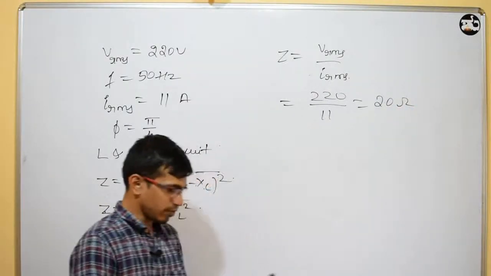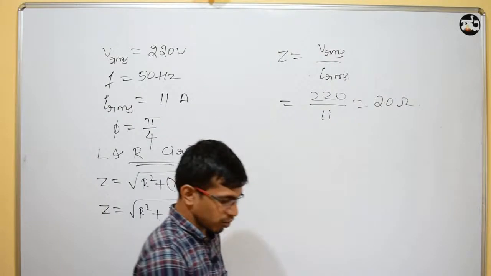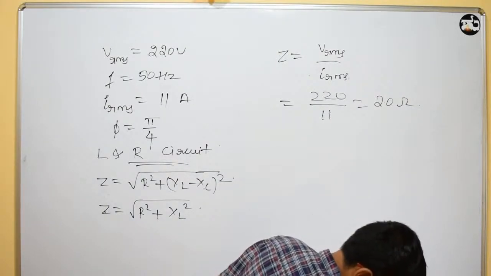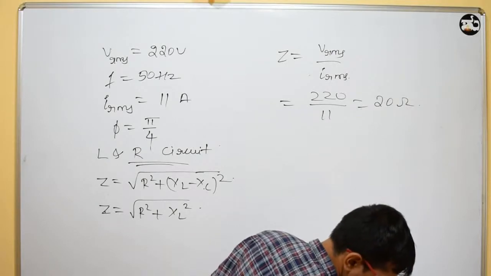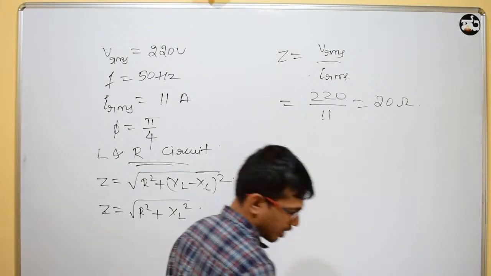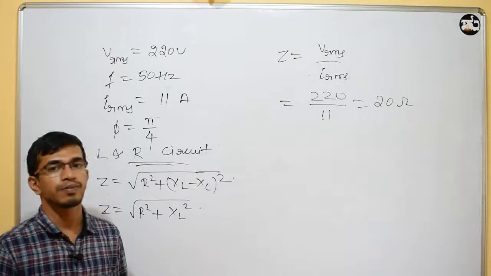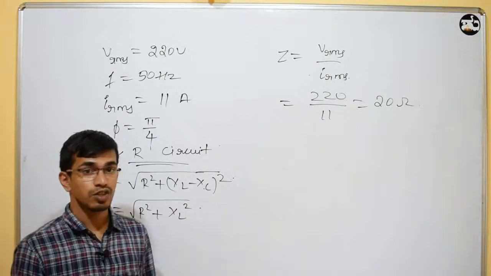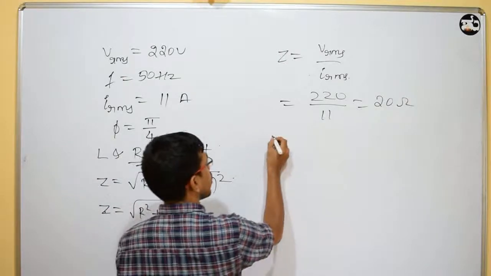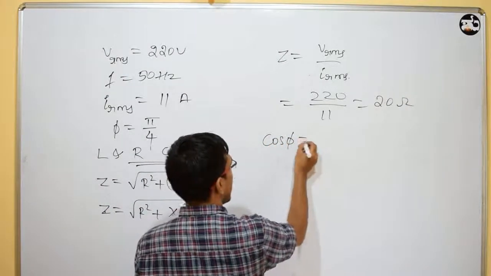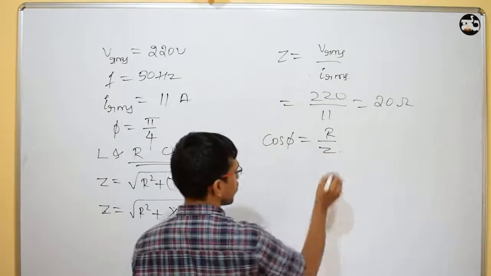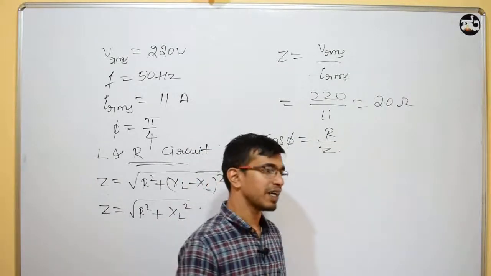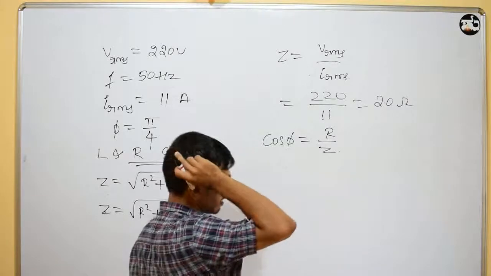So Z is 20 ohm. Now to find the value of L, I need one more value, that is R, but we don't know the value of R. For that I use cos phi is equal to R by Z. I hope you remember this formula.